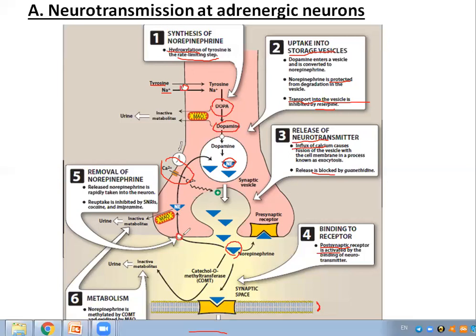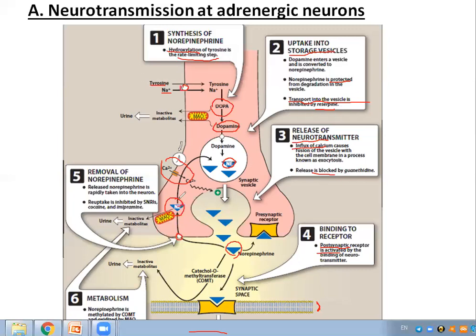presynaptic membrane, allowing the re-entry of the norepinephrine into the presynaptic neuron again, where it has one of two other fates.